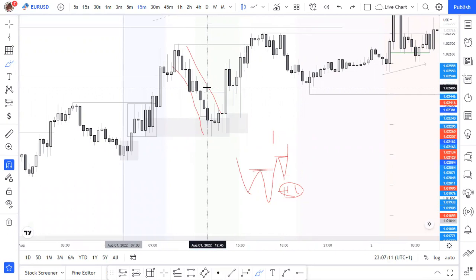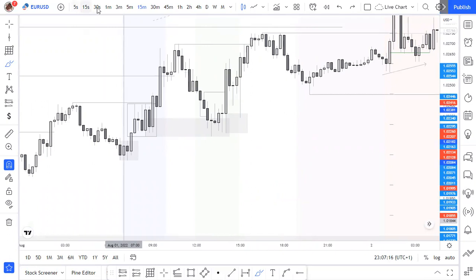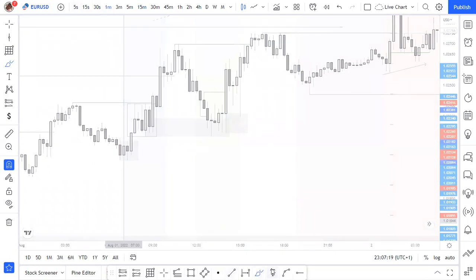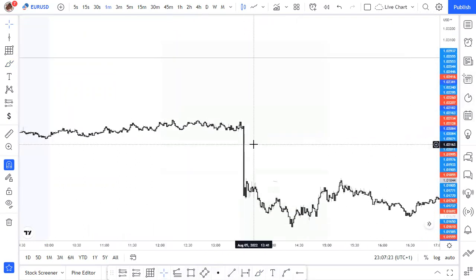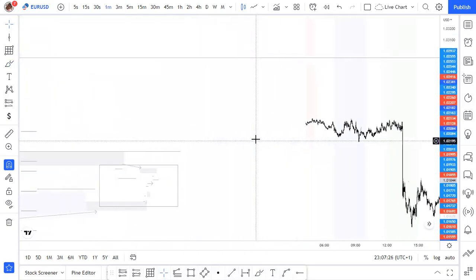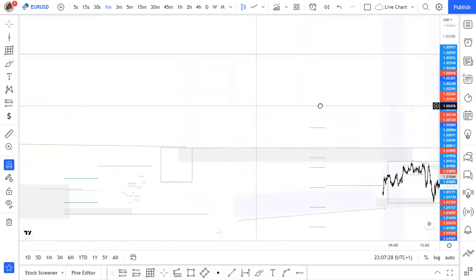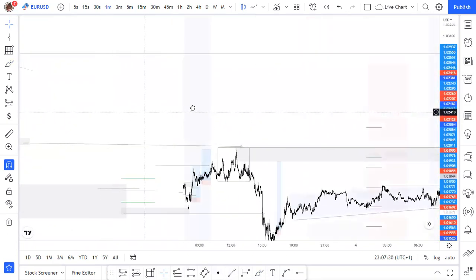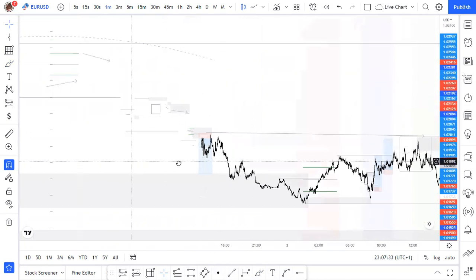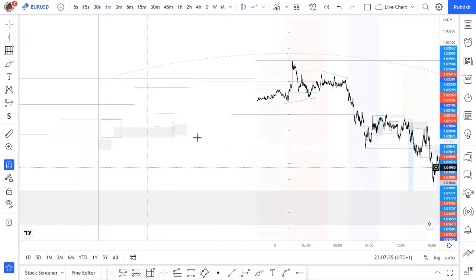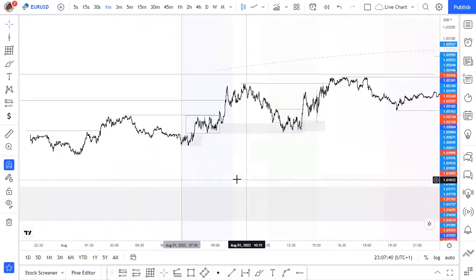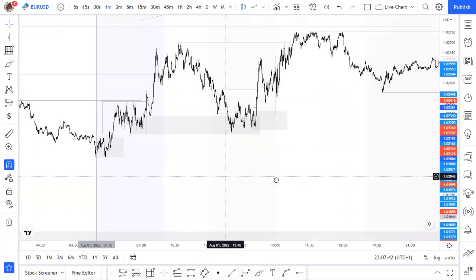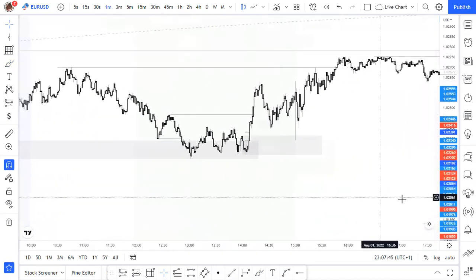I didn't really get that. So let's go to the 1 minute. Here, this was the area.